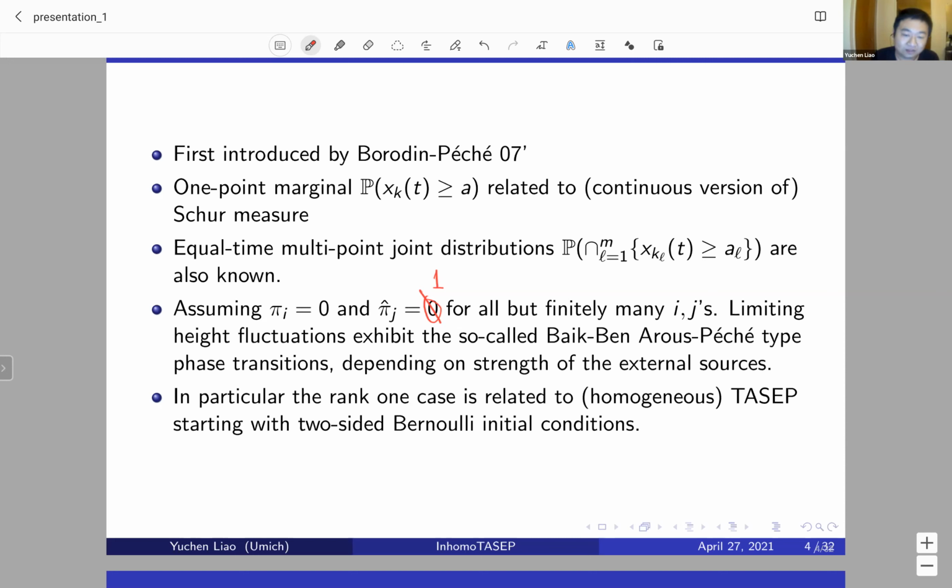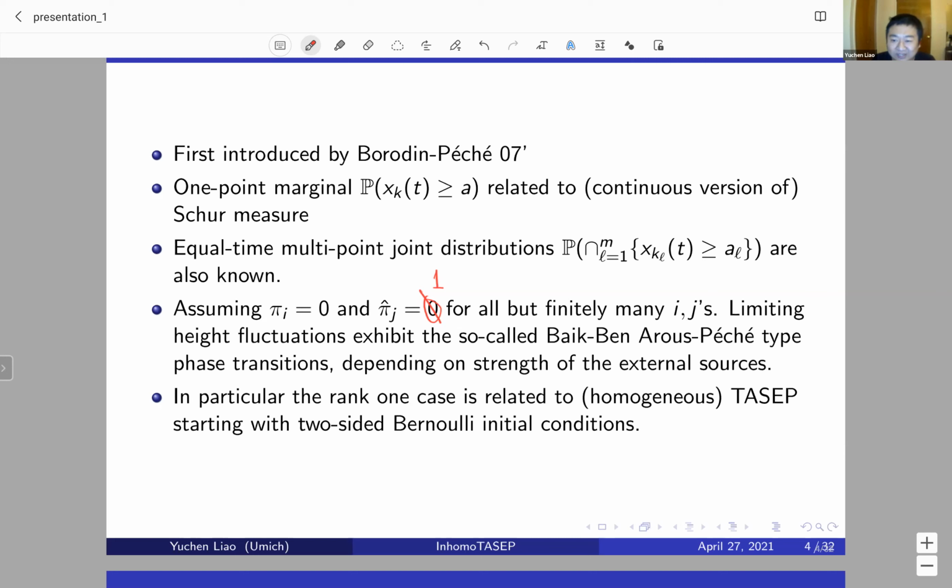And when these rates are around that critical level, you can scale them in an order of t to the negative one-third, and there are some interpolating distributions known as Baik-Ben Arous-Péché type, or rather, in these two sets of parameters, introduced first by Borodin and Péché.